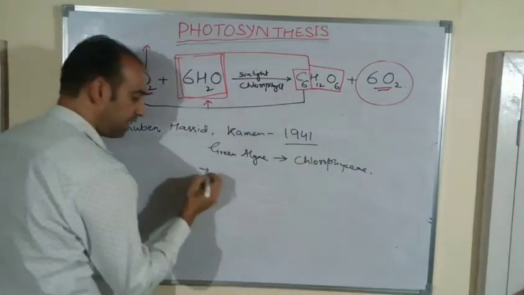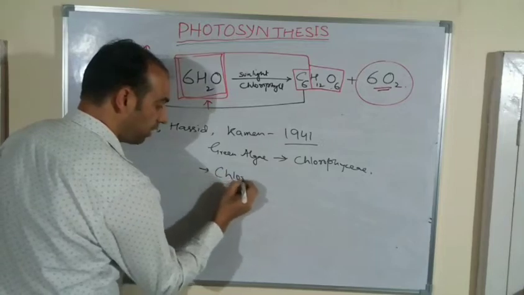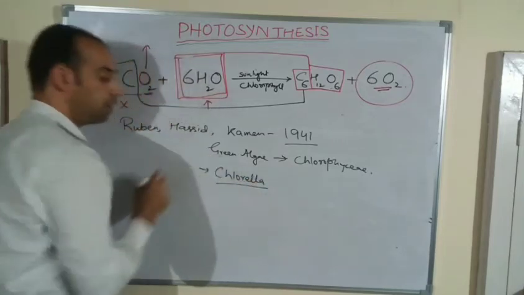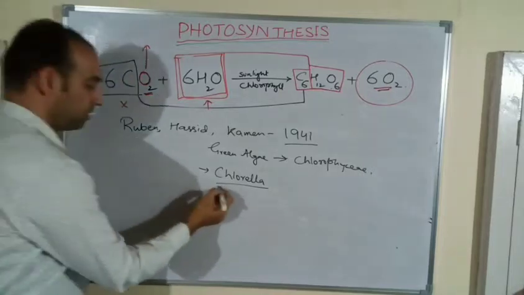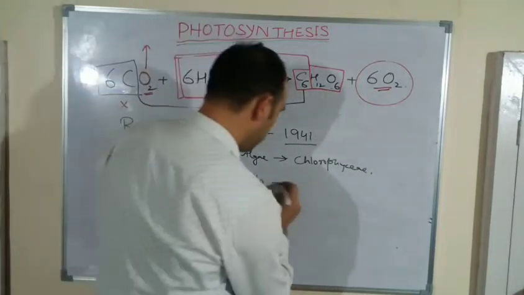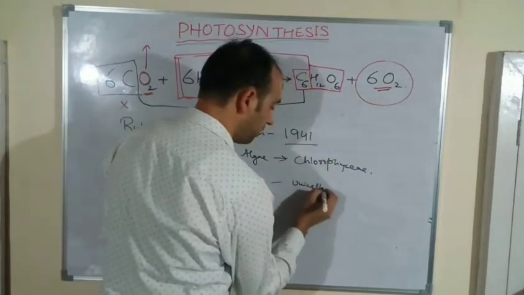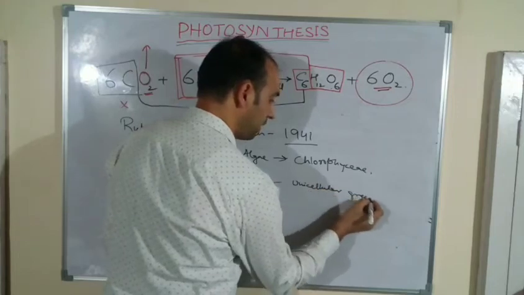They took the green algae, that is chlorella, for the experiment. Okay, the chlorella is a unicellular green algae.